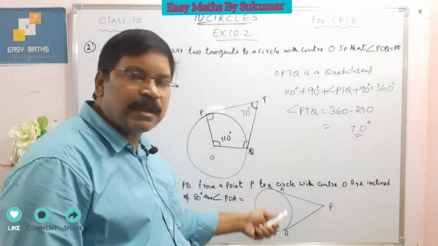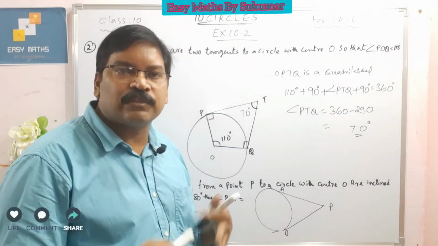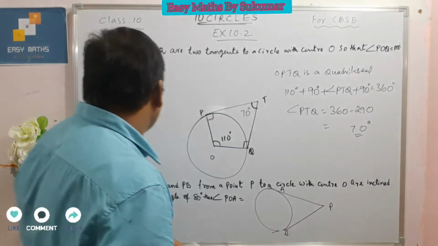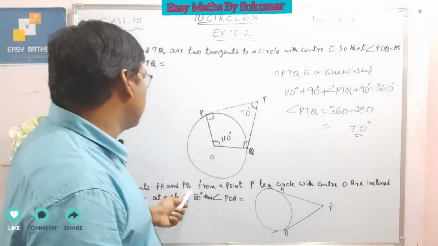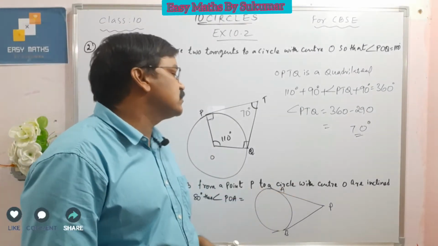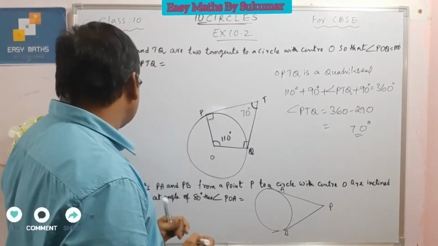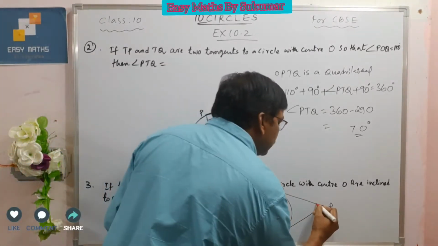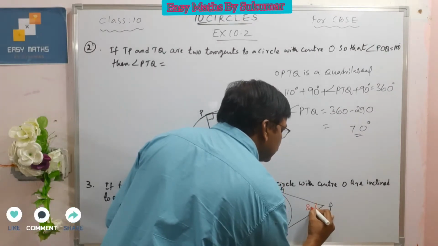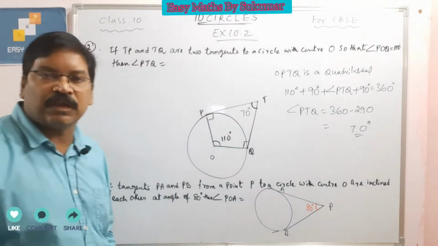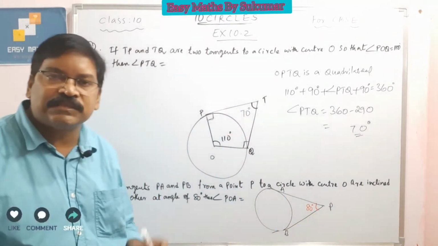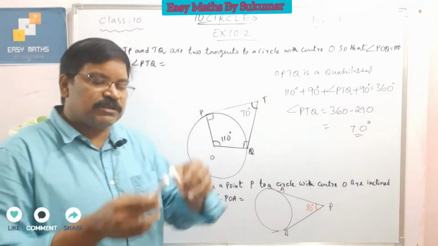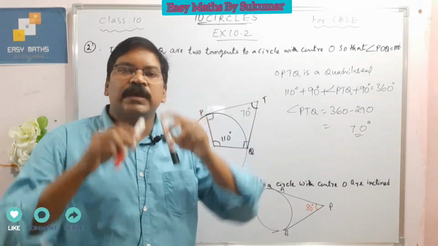That means A and B are the points of contact, right? See here, these two tangents PA and PB from a point P to a circle with center O are inclined to each other at an angle of 80 degrees. That means the angle between these two tangents is 80 degrees, inclined to each other like this.